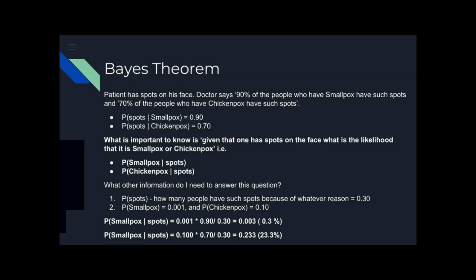The occurrence of chickenpox is larger, and therefore, even though the spots occur 90% of the time when a person has smallpox and only 70% of the time when he has chickenpox, still, when we combine the two facts, the chances that this person has smallpox is much lower compared to the chances that he has chickenpox. So now, let's again apply the Bayes theorem.